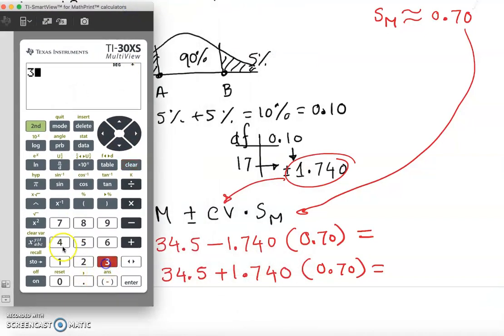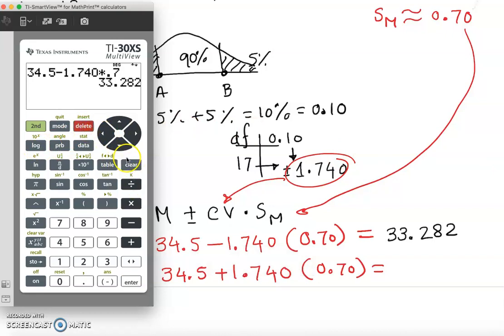So we do 34.5 minus 1.740 times 0.7. Enter. So clearly we have 33.282.